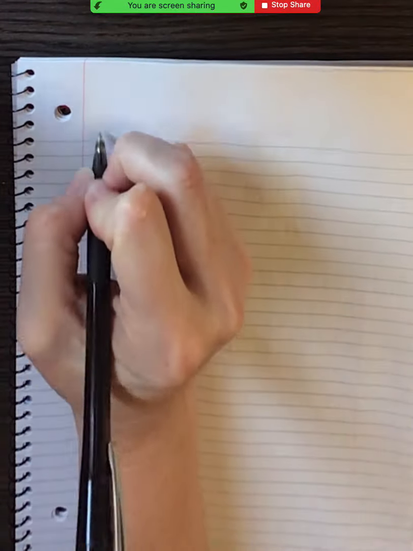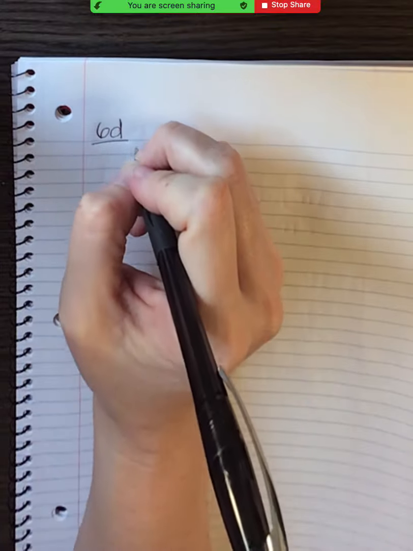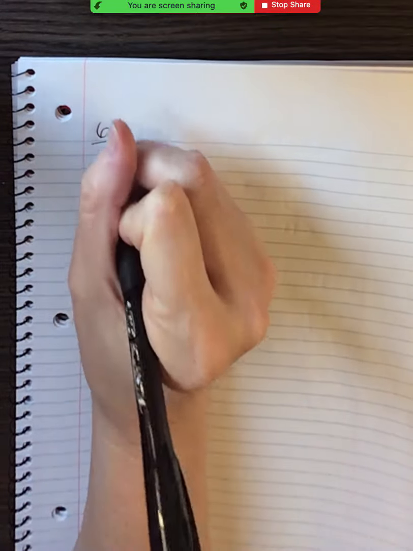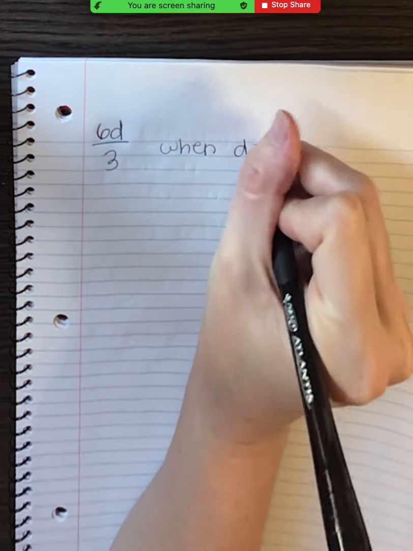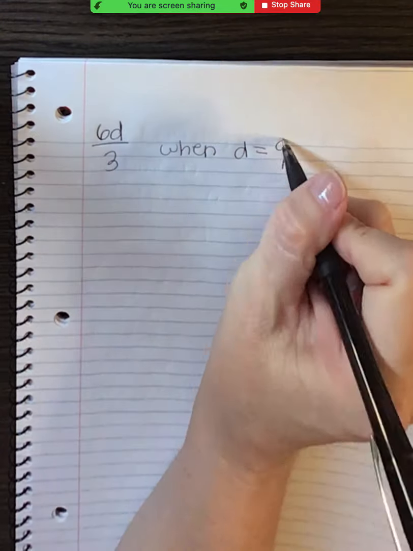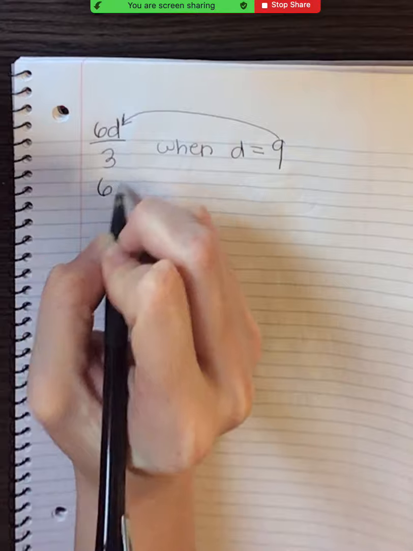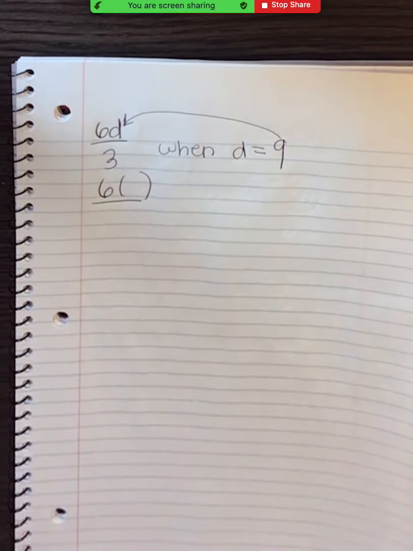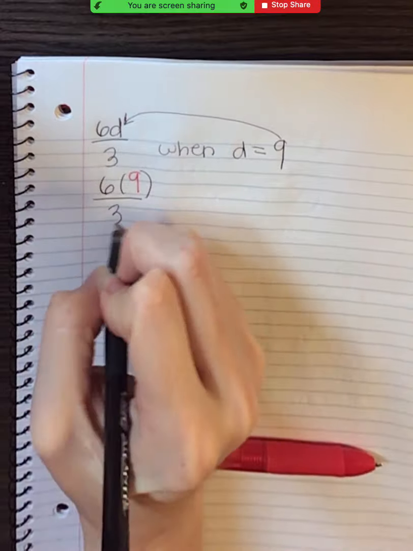So if you have 6 times d, which we would read as 6d, over 3, when d equals 9, that means you take the 9 and plug it in for the d. So we're going to do 6 times 9 divided by 3.